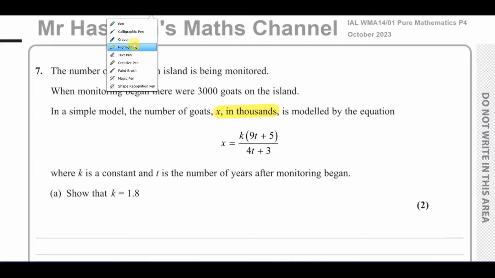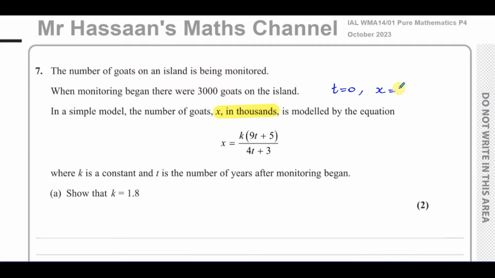So we have some information here. We know that when the monitoring began, which is when t equals 0, there were 3,000 goats. So x equals not 3,000 but 3, because x is measured in thousands. When I say x equals 3, that means 3,000.